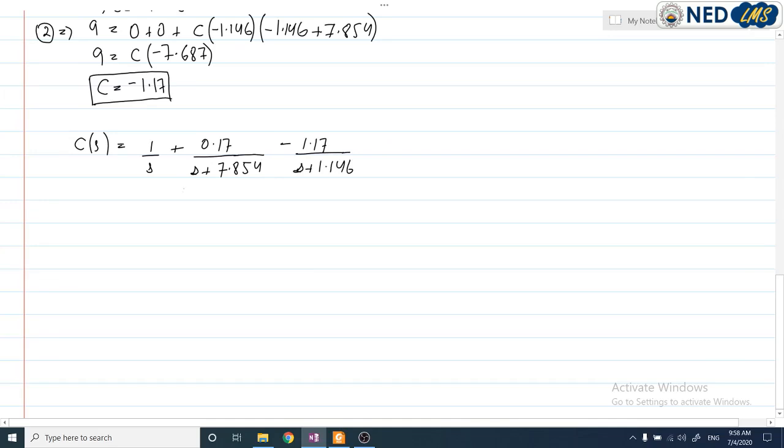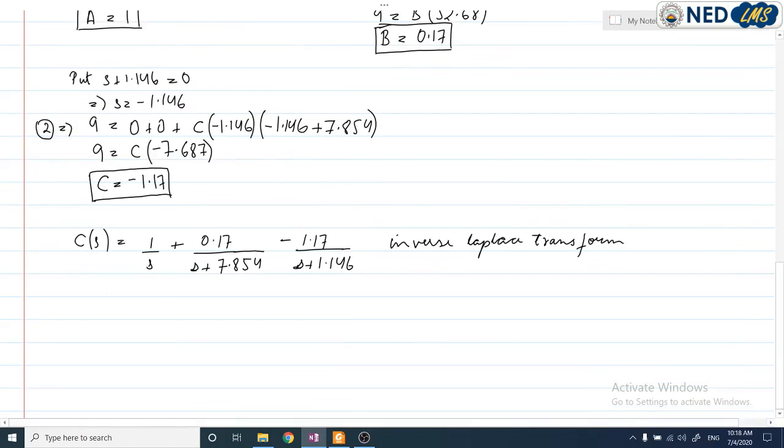So if I take the inverse Laplace transform, the output response will be c of t equal to 1 plus 0.17 e to the power minus 7.854 t minus 1.17 e to the power minus 1.146 t.